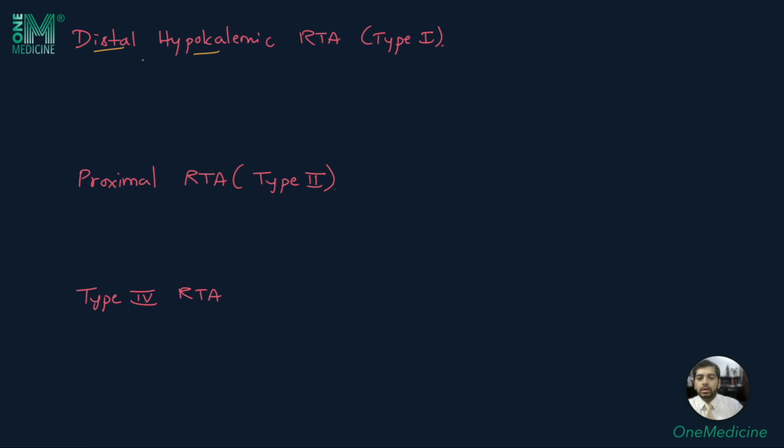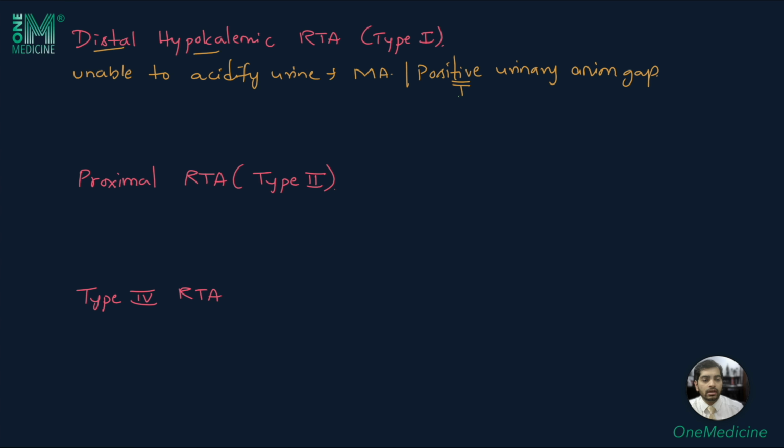Distal hypokalemic renal tubular acidosis is where the patients are unable to acidify urine even in the presence of metabolic acidosis, and patients have a positive urinary anion gap which reflects a reduced ammonium excretion.